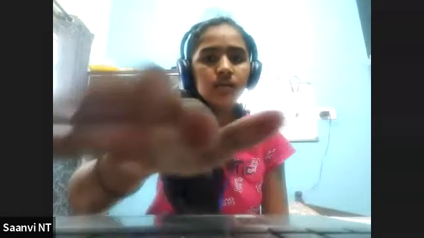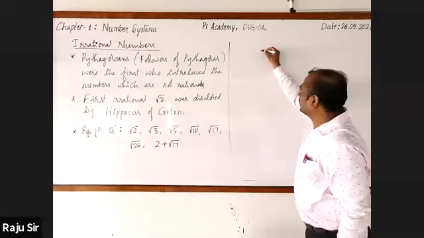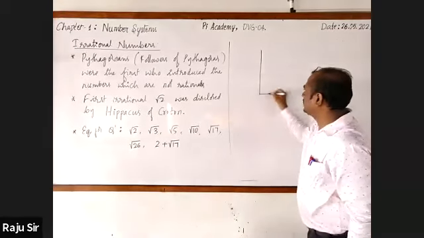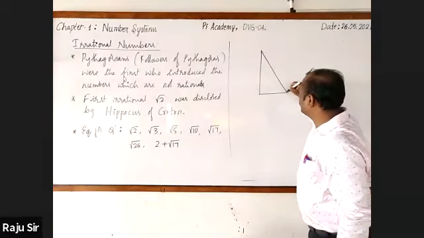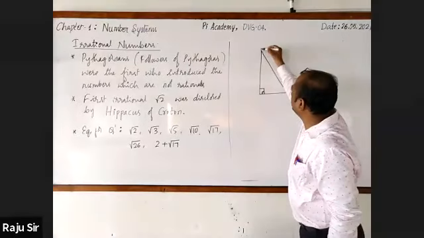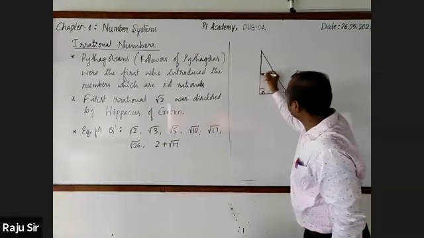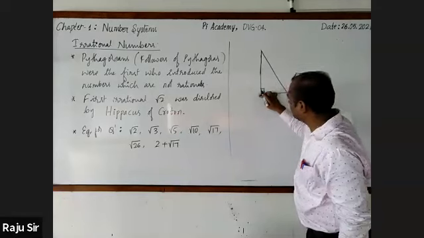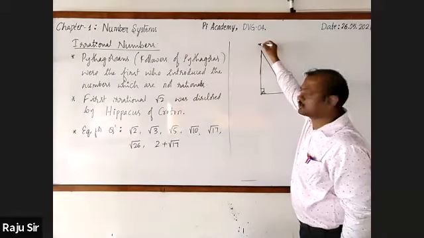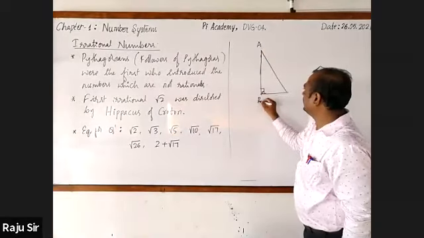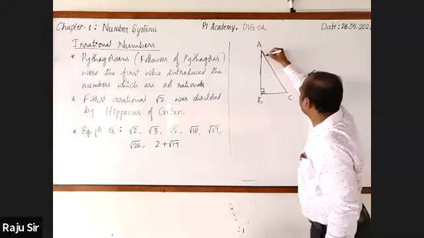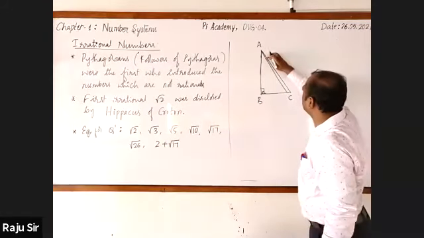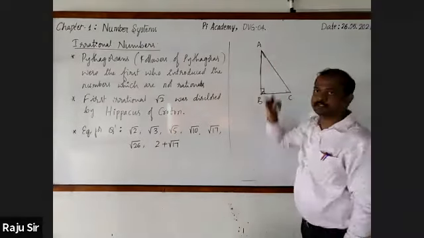Right angle triangle. Very good. A right angle triangle is a triangle in which one angle is 90 degrees. So I name this right angle triangle as ABC.